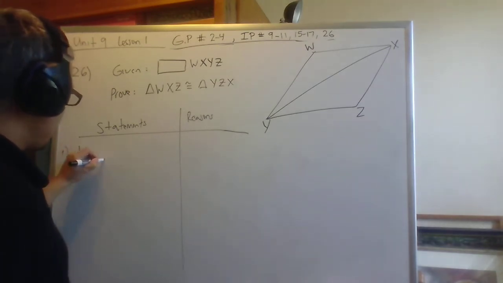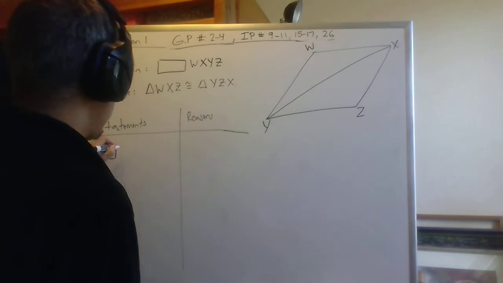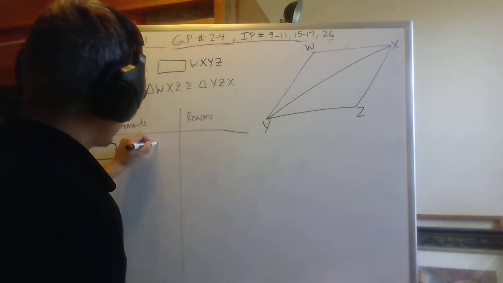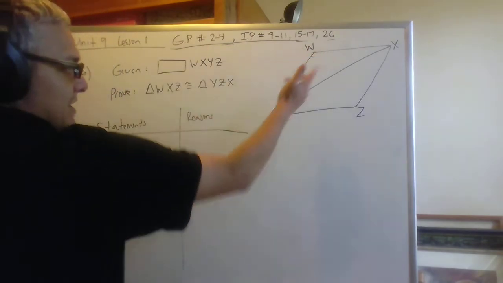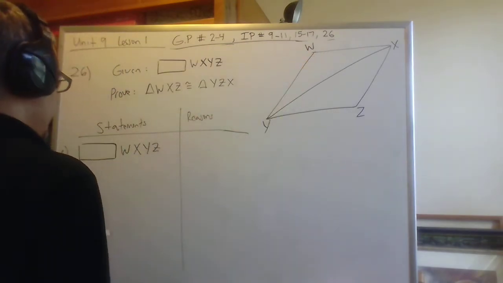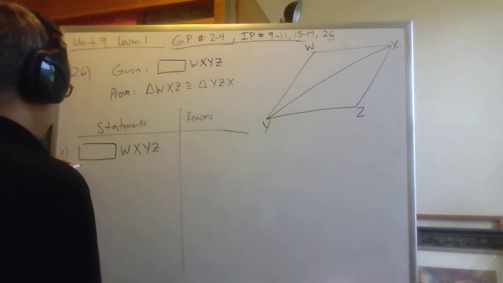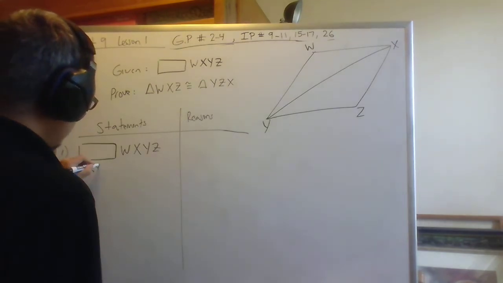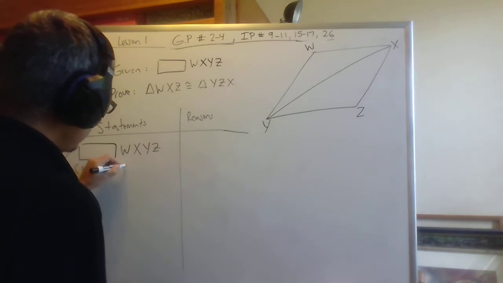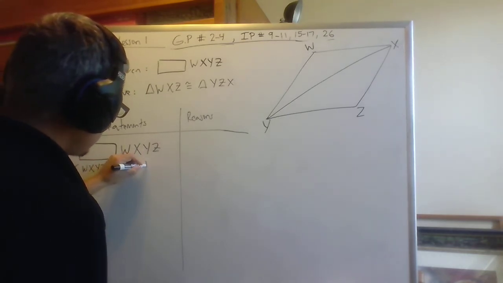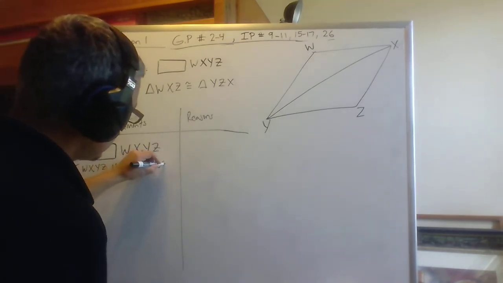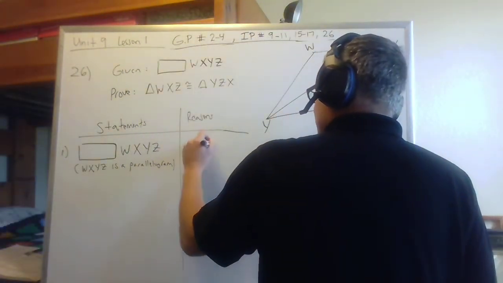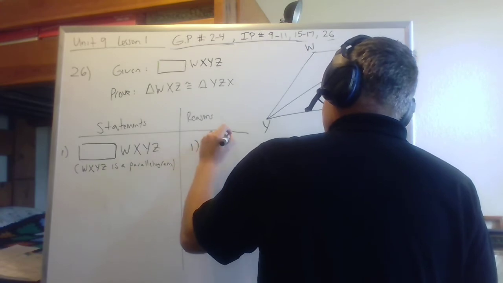It's kind of weird, but that's what's given. I just write down what's given. We're just going to say that WXYZ is a parallelogram. All right. And the reason is because it's given.